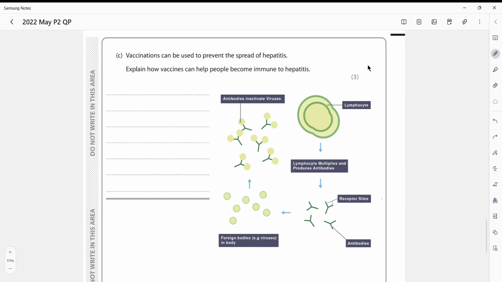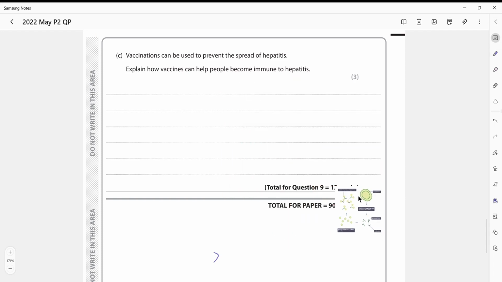So if we have a little graph, let's say, the first exposure to the viruses, you might have a little bit of antibodies that get produced, whereas the second time around, it's a lot faster and a lot more antibodies get produced, right? So let's write that down. I'm going to make this one smaller. And then I'm just going to erase this little marking there.